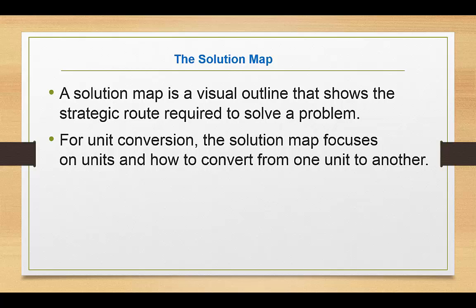Something else you can do to help with that process is create what is known as a solution map. Now, a solution map is just a visual outline that shows a strategic route that is required to solve a problem. It's basically mapping out your logic process, your thought process. For unit conversion, the solution map is going to focus on the units. As I said, units are key here.